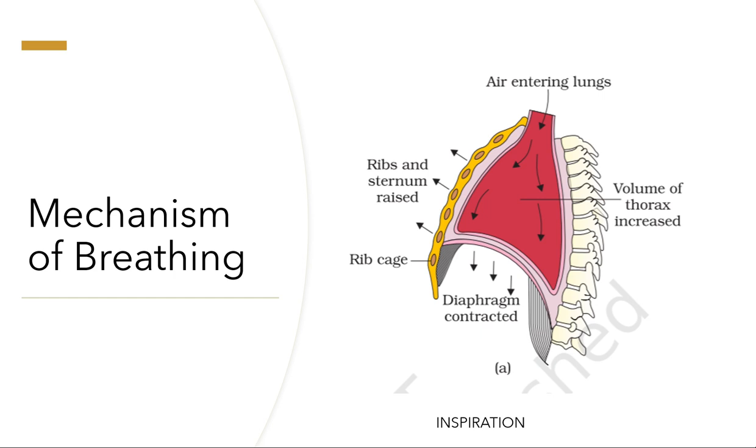Therefore, the sequence of the airflow will be external nares, nasal cavities, internal nares, pharynx, glottis, larynx, trachea, bronchi, bronchioles, alveolar ducts, and then alveoli. From the alveoli, oxygen passes into the blood of the capillaries and carbon dioxide diffuses out from the blood to the lumen of the alveoli.